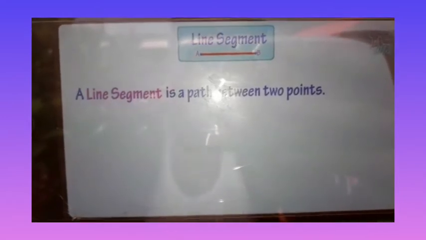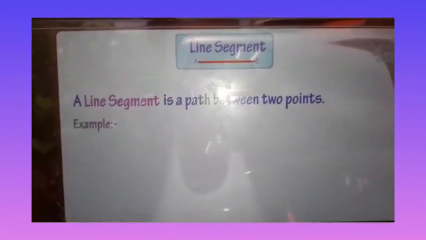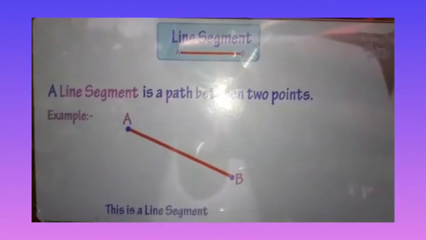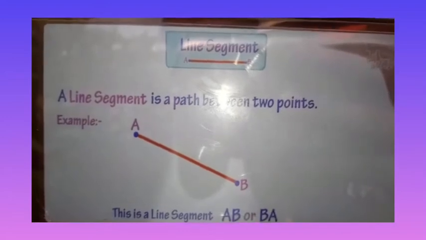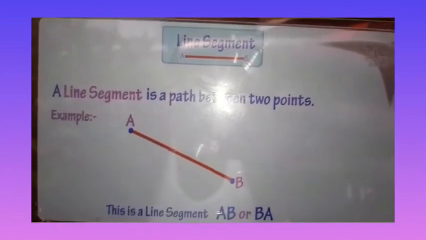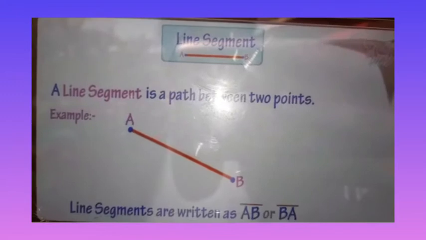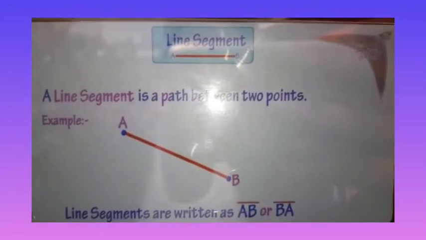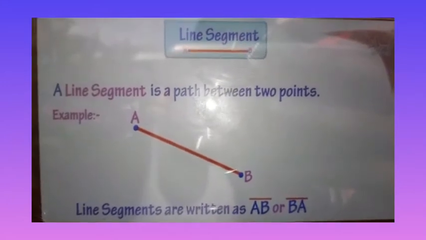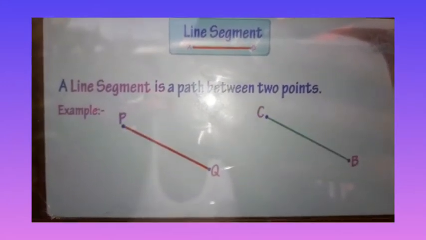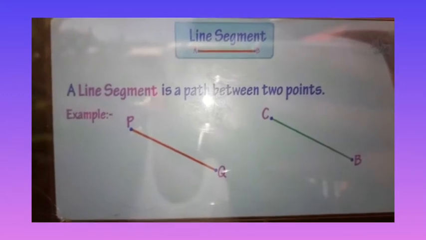Now, let's see what is a line segment. A line segment is a path between 2 points. Example, this is line segment, AB or BA. Line segments are represented like this. That is a bar above the line name. Here are some more examples of line segments.